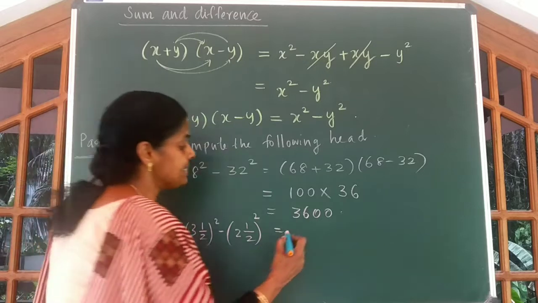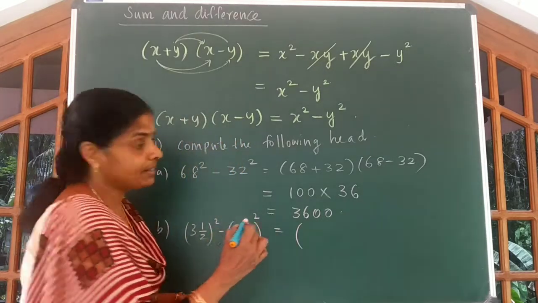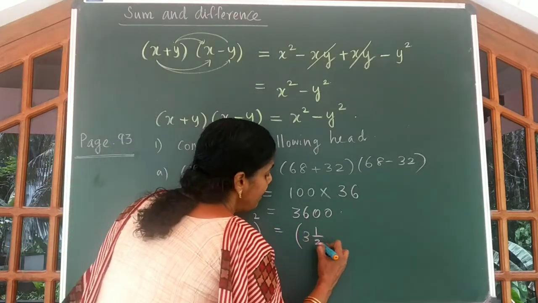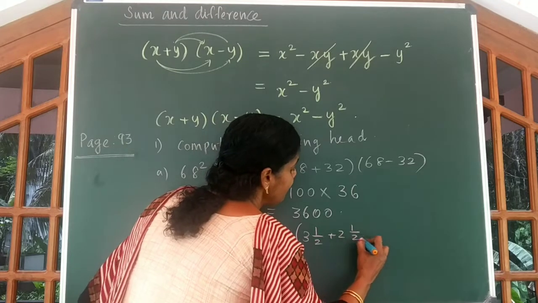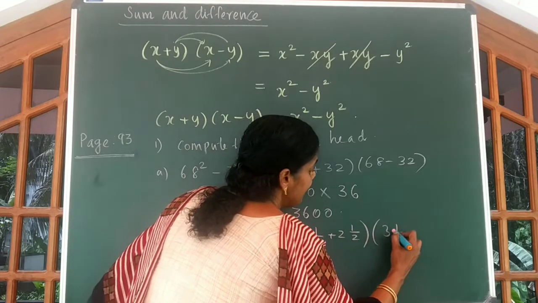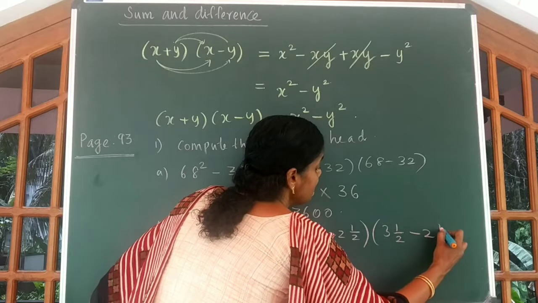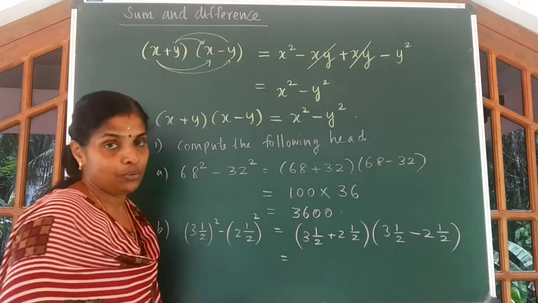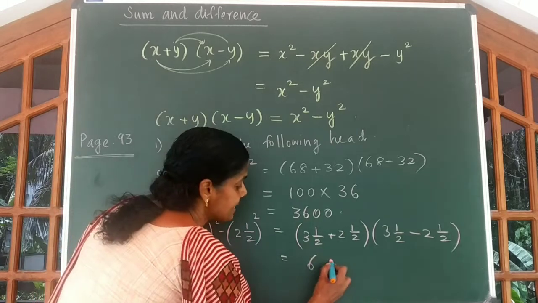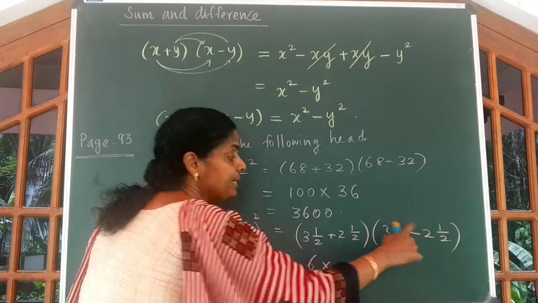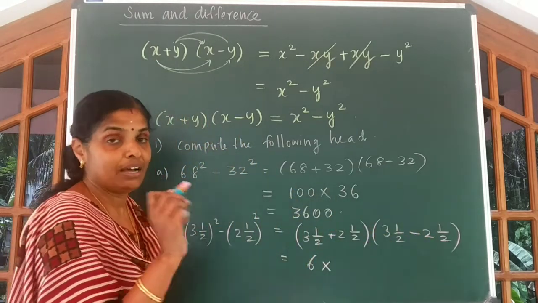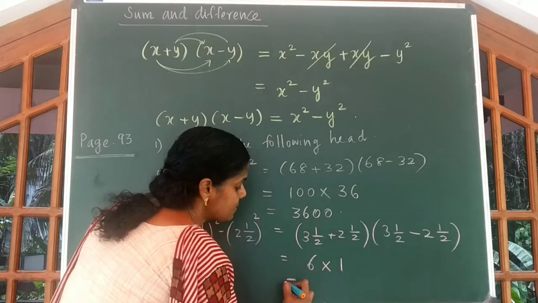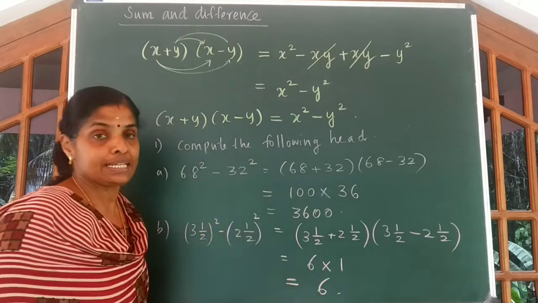You can write it as (x plus y), that is 3 and half plus 2 and half, into (3 and half minus 2 and half). When you add 3 and half to 2 and half, you get 6. When you subtract 2 and half from 3 and half, you get 1. So 6 into 1 is equal to 6.